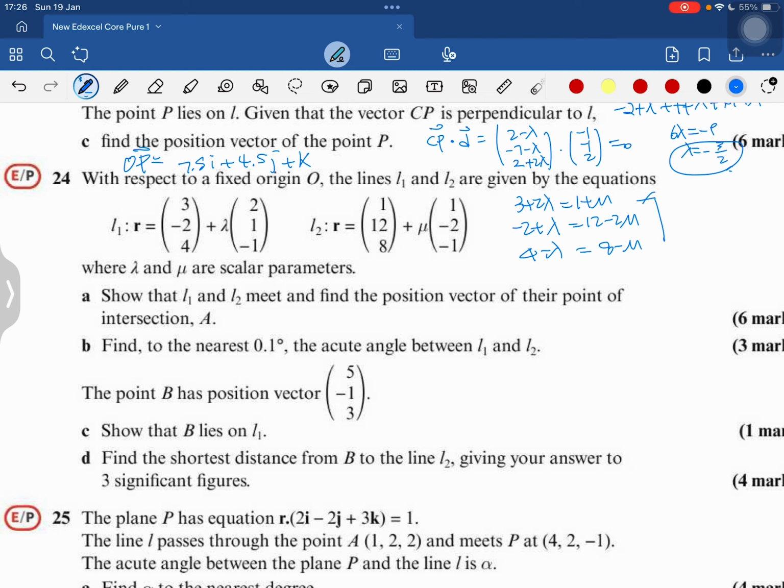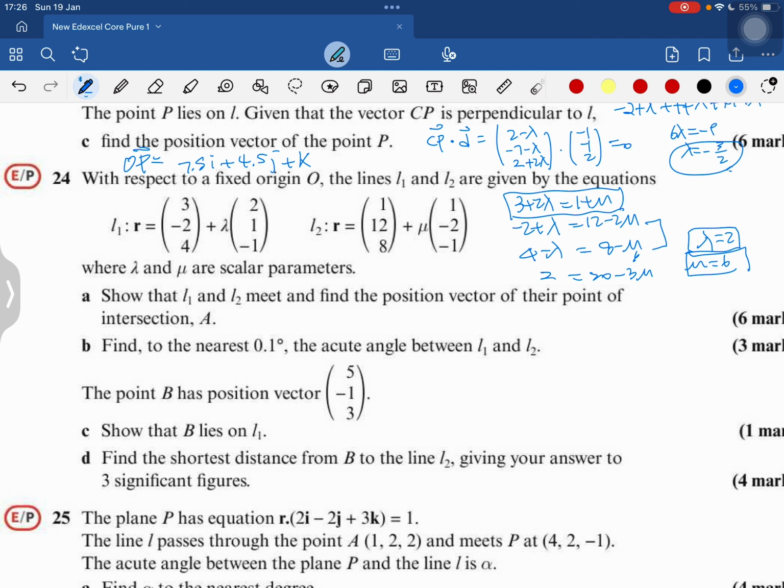Whatever it is, let me just make it like this. So when I add them together, 20 minus 3 mu. So mu is 6. When mu is 6, lambda is 2.